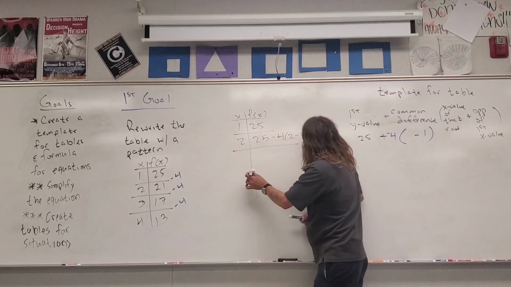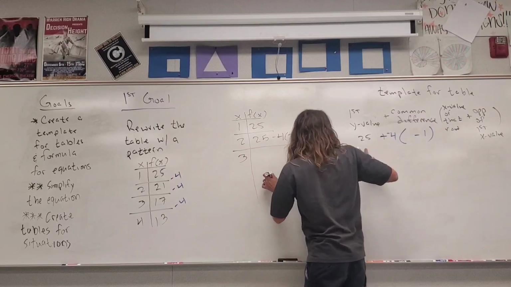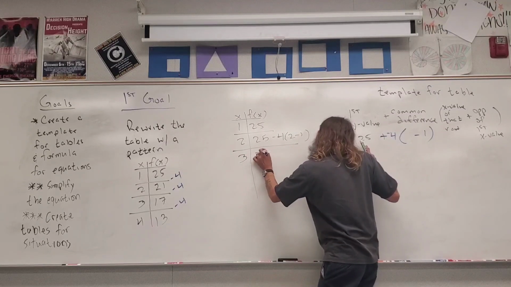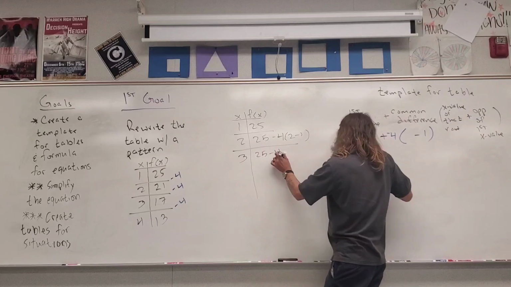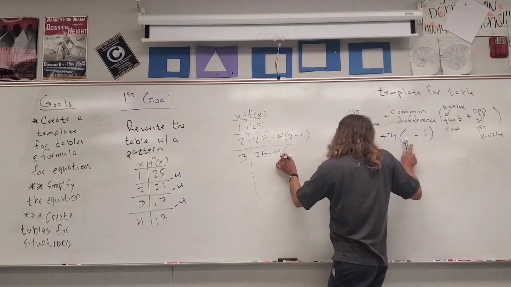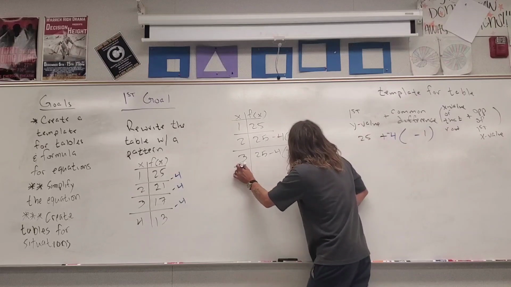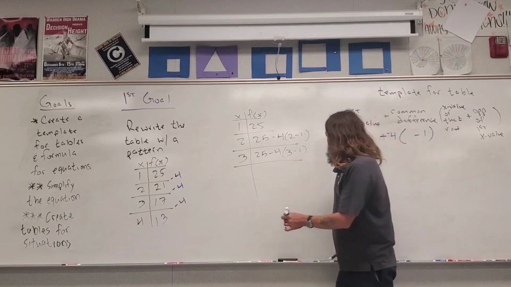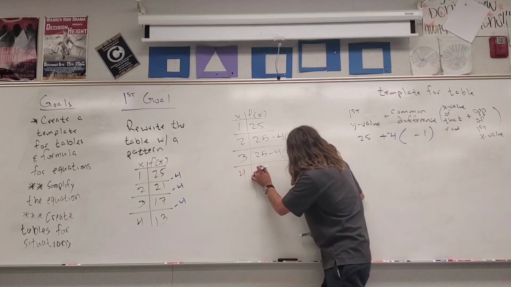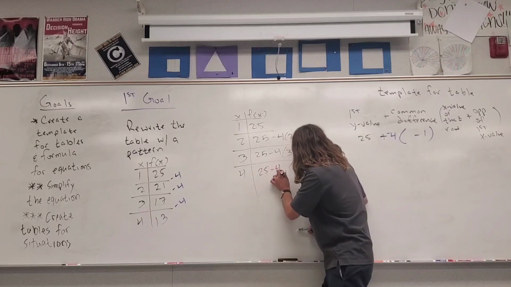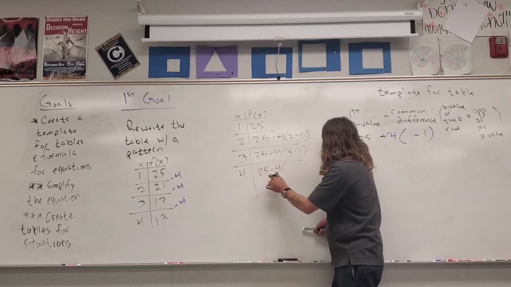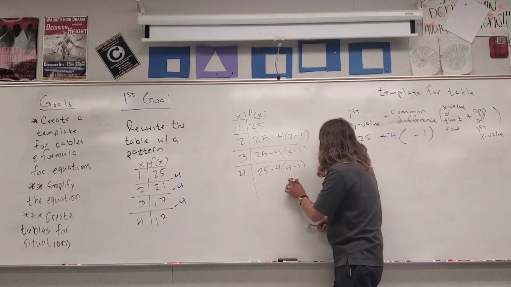My third row is 25 minus 4, my common difference, my x value for that row is 3 minus 1, the opposite of my first. My fourth one is going to be 25 minus 4, my x value for that row is 4 minus 1.